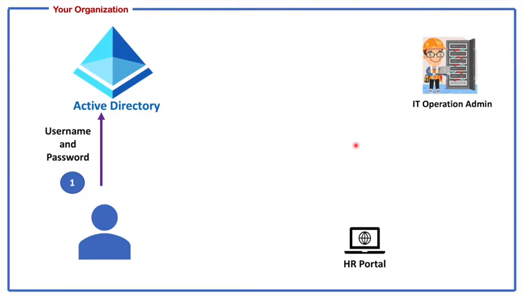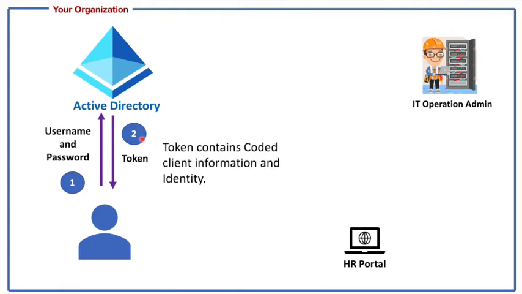So how does it happen internally? See, how does this employee communicate with the HR portal? First, they will hit the Active Directory with their username and password. After the Active Directory authorizes the username and password, it will return one token. The token contains the coded client information and all the identity information.